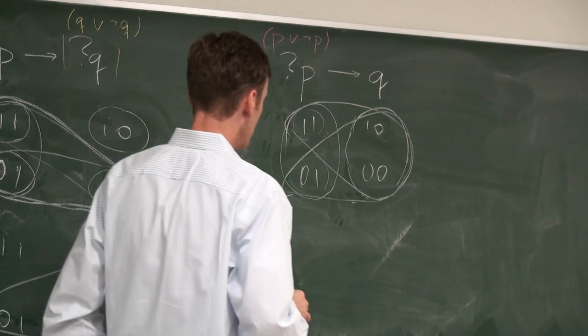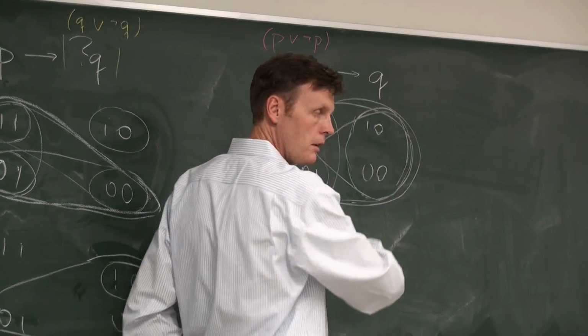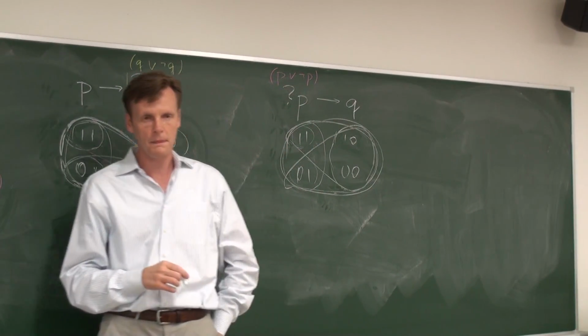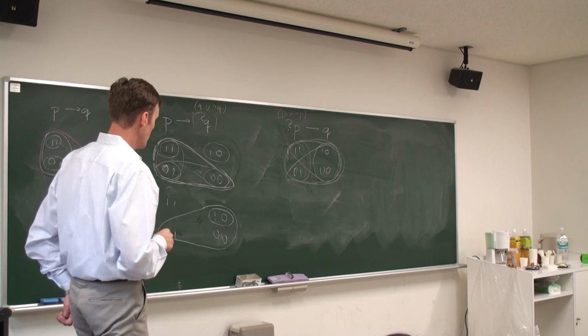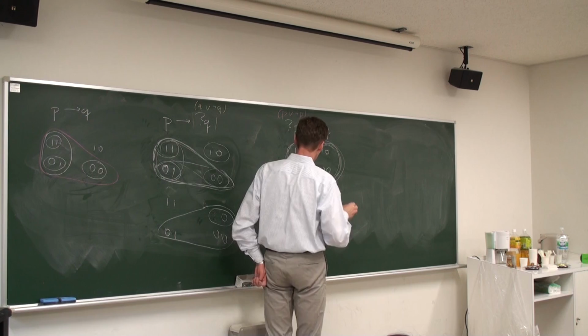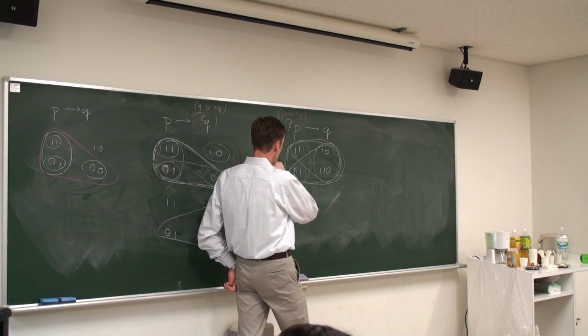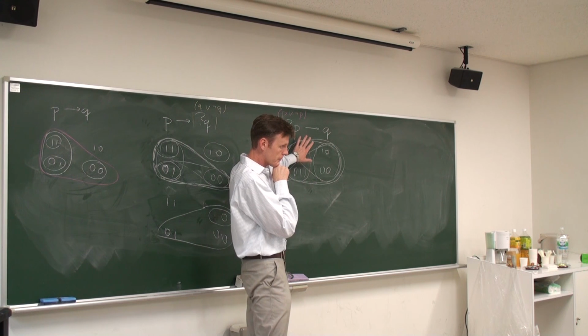In fact, come to think of it, what about the set of all states? It doesn't support P or not P. Now let's see, we have to be careful here actually. Is it true of the set of all states?